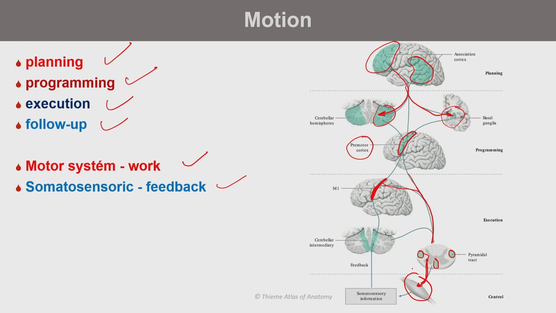And then backwards there is a very important second phase where is a feedback, and the feedback is made typically by the cerebellum, by the middle part of the cerebellar hemispheres in our cerebellum.